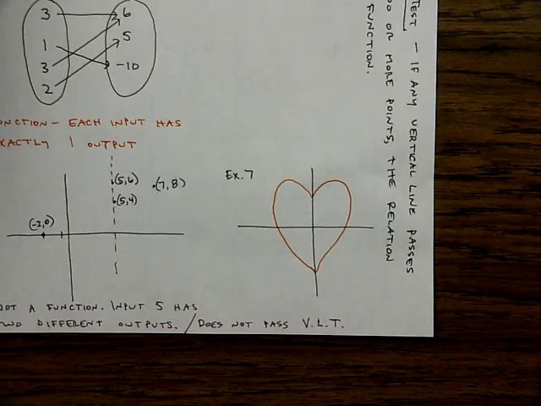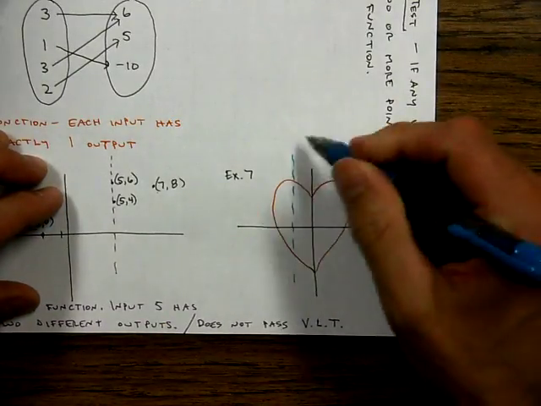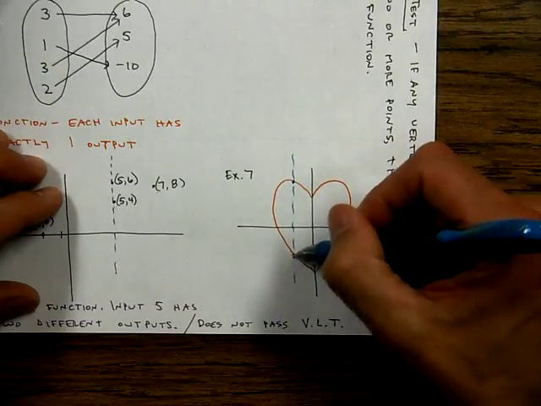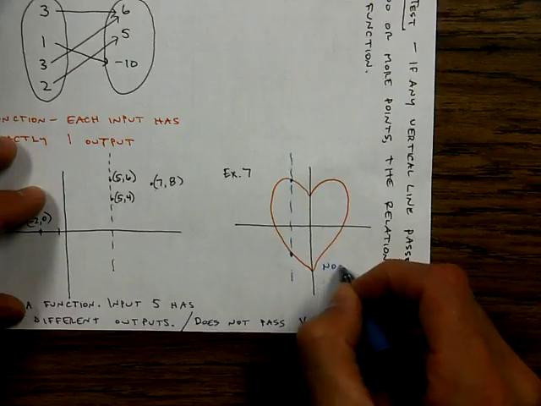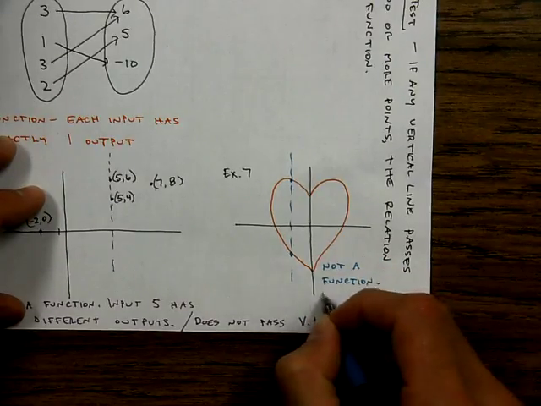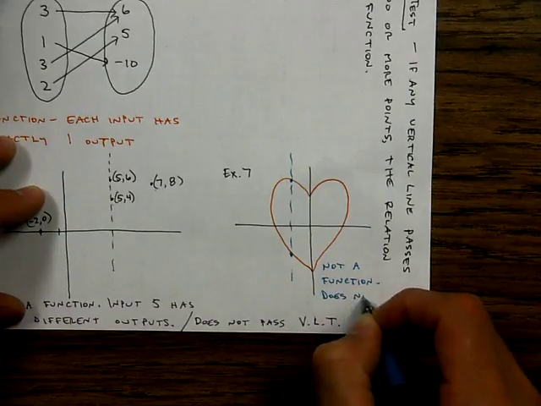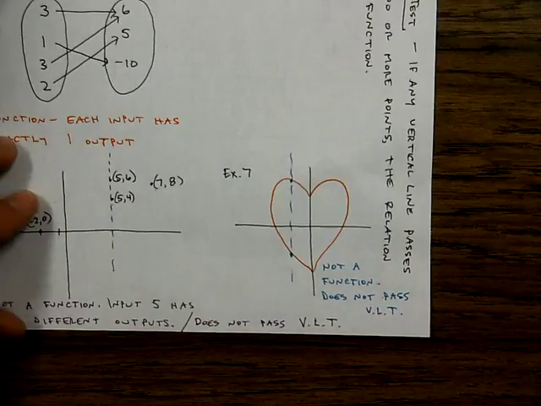In other words, can I pass a vertical line through more than one point on any point of this graph? And really quickly you see that, well, yeah, this doesn't exactly work out. So, for example, I could draw a vertical line here or here or here. Really anywhere on this graph, it's going to hit more than 1 point. And so what I'm going to say is, this is not a function. It does not pass the vertical line test.